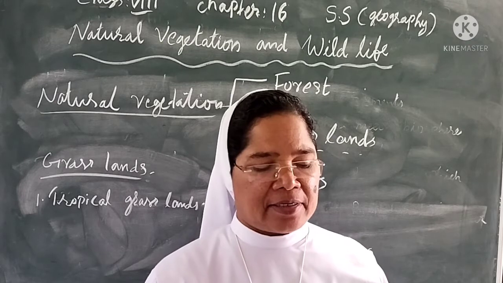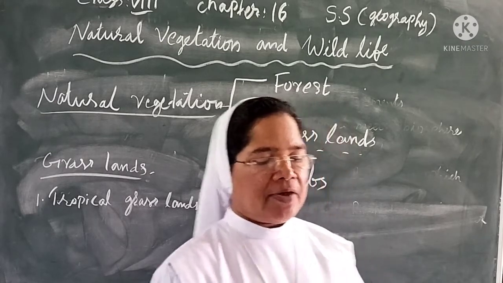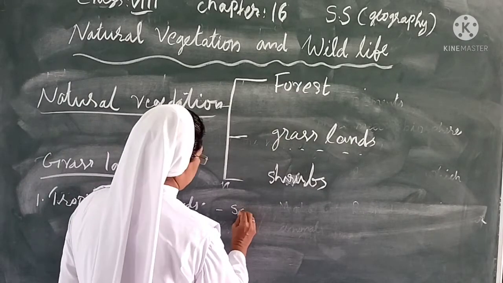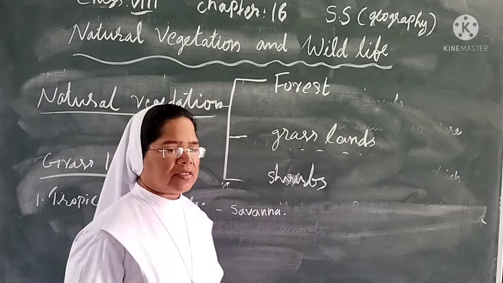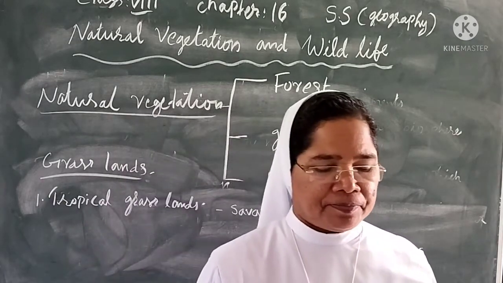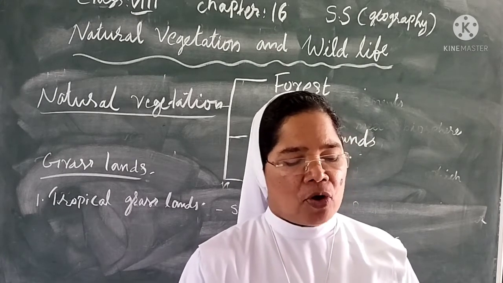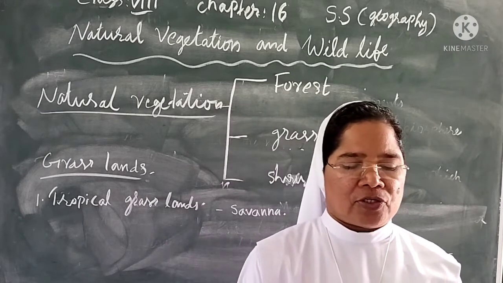These grasslands are called savanna, S-A-V-A-N-A. That we call savanna, and they are found in almost every continent.